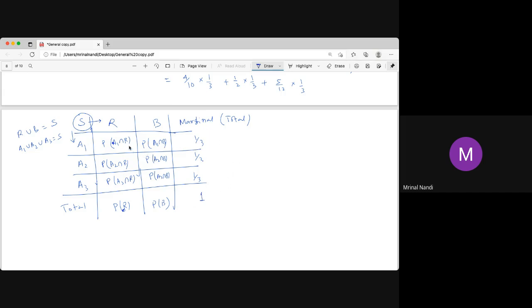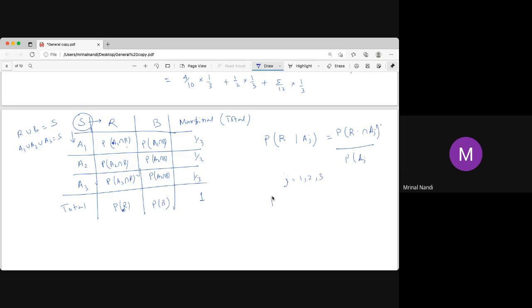How do you find this conditional intersection? Use the conditional thing. We know the conditional probability, P(Ri given Aj). We know all these results, and this is actually the probability of Ri intersection Aj divided by the probability of Aj, where Ri just means R, and j goes from 1 to 3.